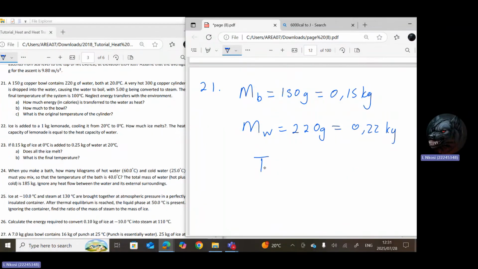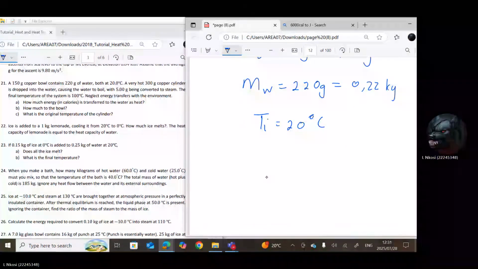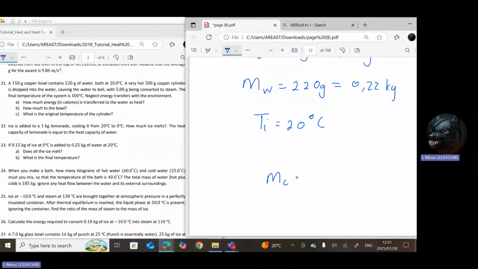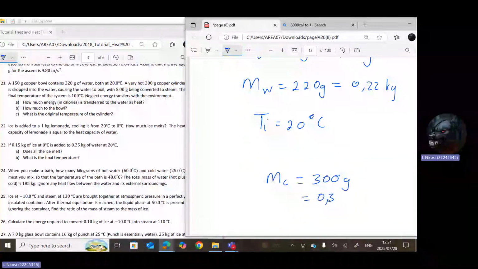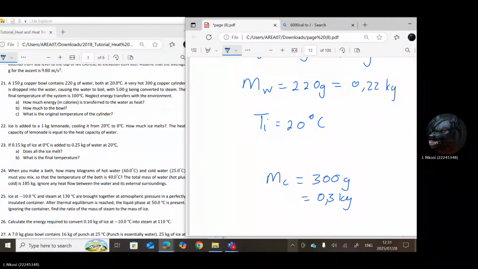The initial temperature of both is 20 degrees Celsius. A very hot 300 gram copper cylinder, so the mass of the copper cylinder is 300 grams, which is 0.3 kilogram, is dropped into the water, causing it to boil.